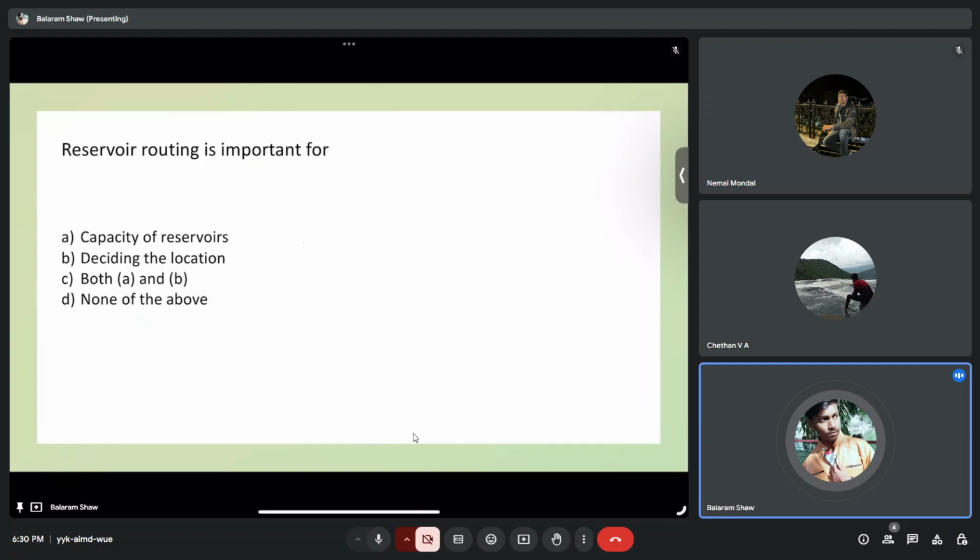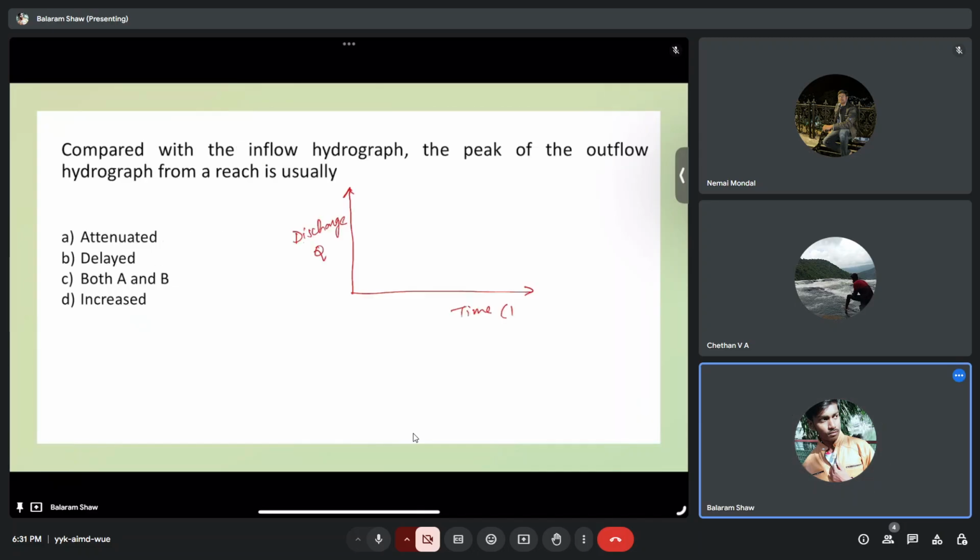So the next question is, compared with the inflow hydrograph, the peak of the outflow hydrograph from a reach is usually. So we have seen that, let's say we have a hydrograph with discharge or flow versus time, and let's say this is the inflow hydrograph and this is the outflow hydrograph, something like this maybe.